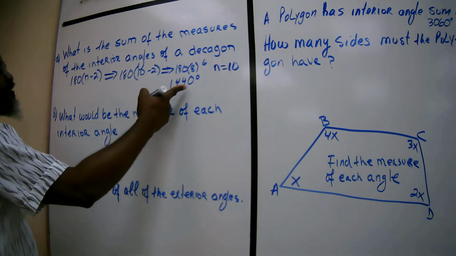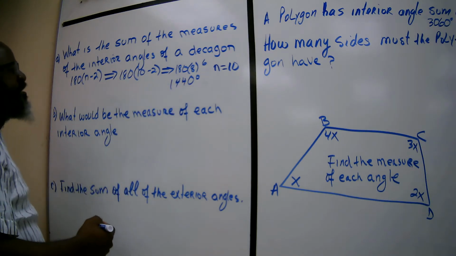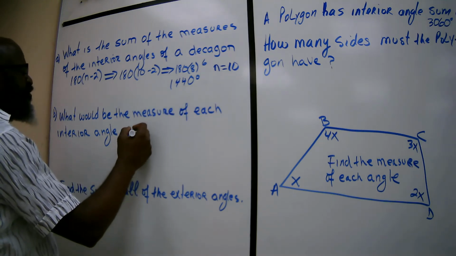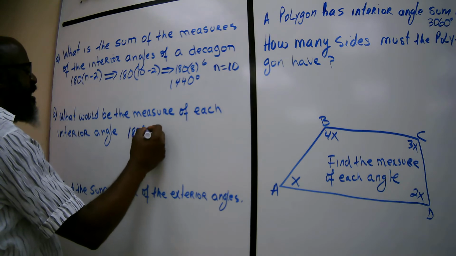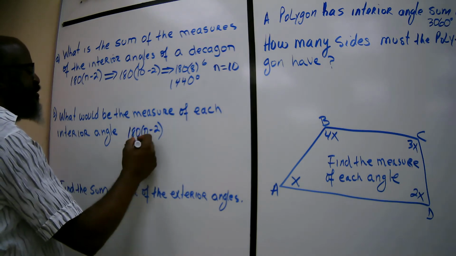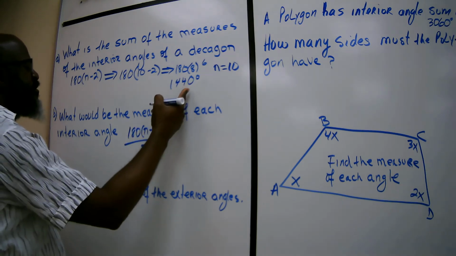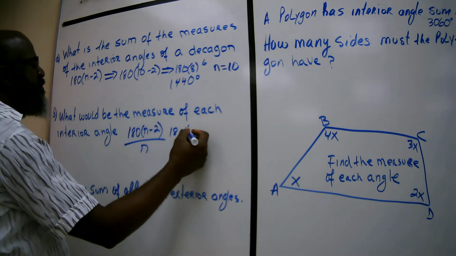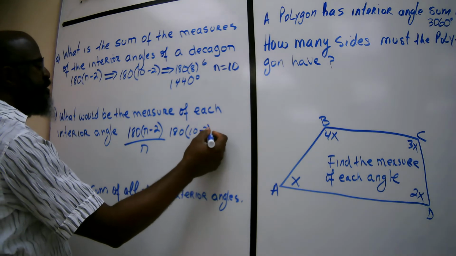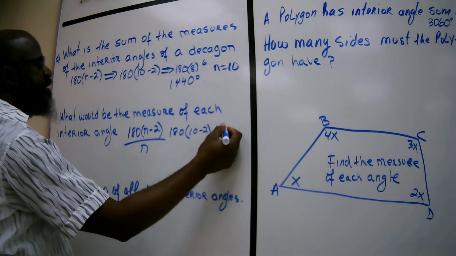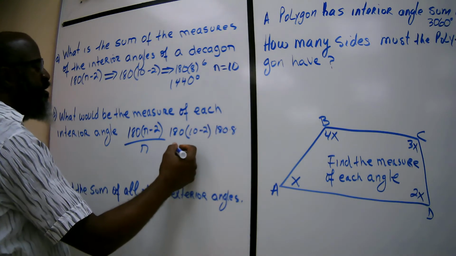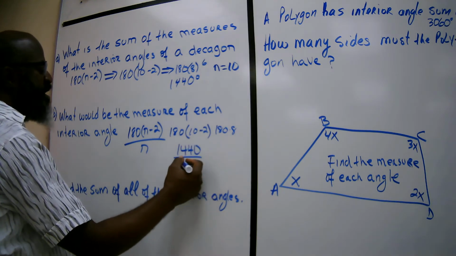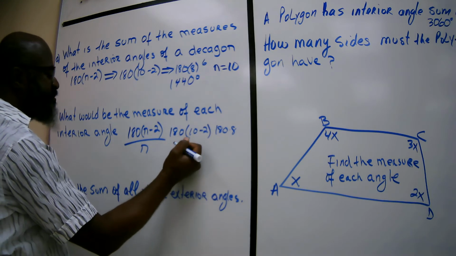Since I already know the sum, I only have to divide by n, which is 10. So the formula will be 180 times n minus 2 over n. Since we already computed that, it will be 180 times 10 minus 2, that will be 180 times 8. You will end up with 1440 divided by 10.